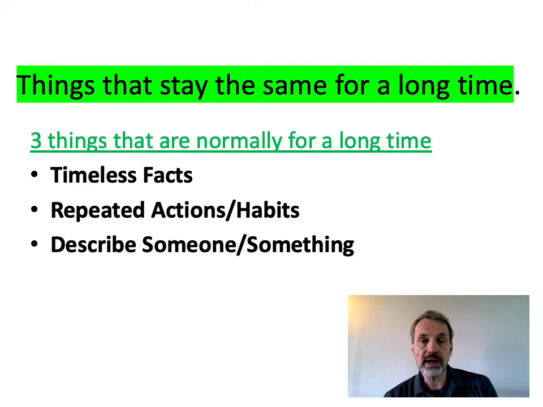There are three kinds of actions or descriptions that are normally for a long time. They are timeless facts, repeated actions or habits, and descriptions that answer the question, what is someone or something normally like? What are the important, long-lasting things that describe this person or thing?